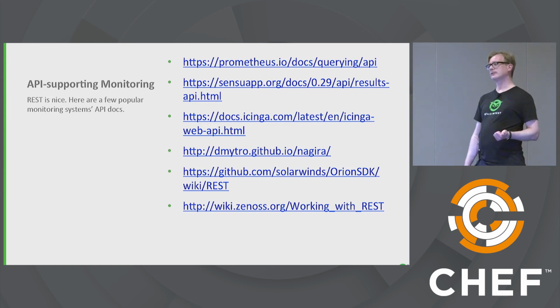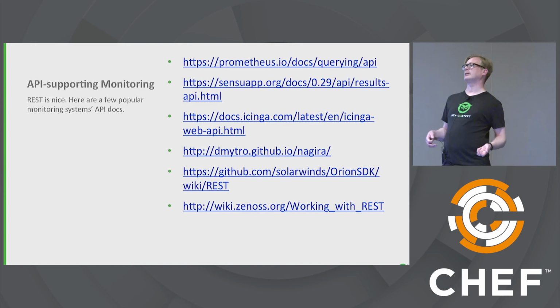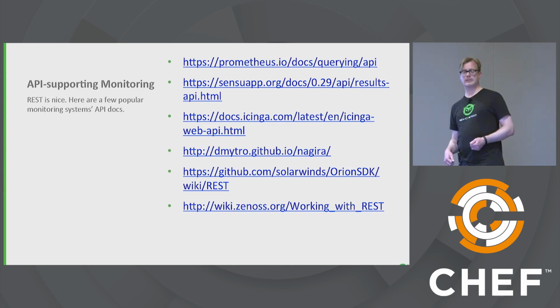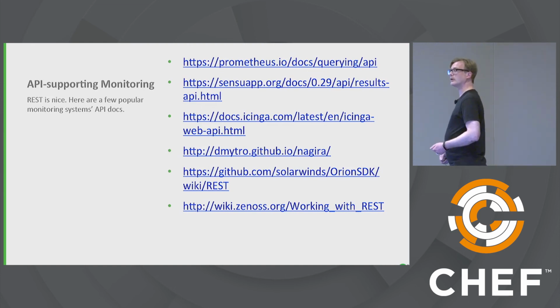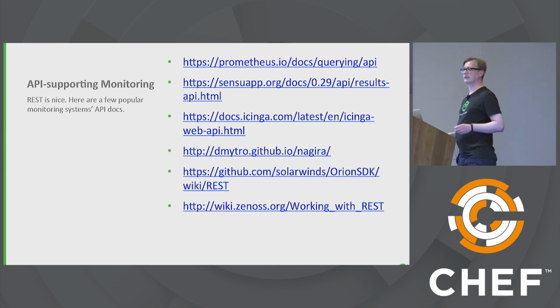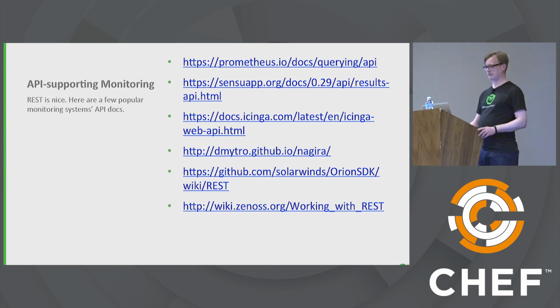There's Nagira. In case you're still on Nagios, you can have an application that provides API support so that you can actually have a reasonable RESTful API to communicate with Nagios. I just grabbed that from 6 or 7 of them on Nagios Exchange. SolarWinds has a REST API, as does Zenoss. And I'll bet you that whatever your favorite monitoring product is, it also has one if it's not on this list.